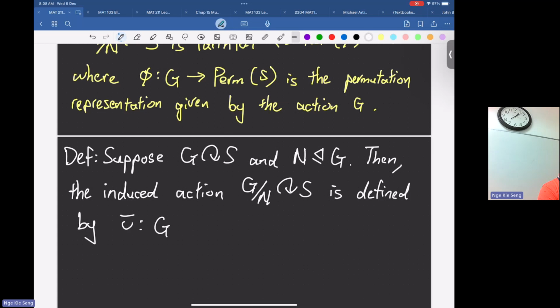I'll use another notation, going from G mod N cross X to X. How do we define this?